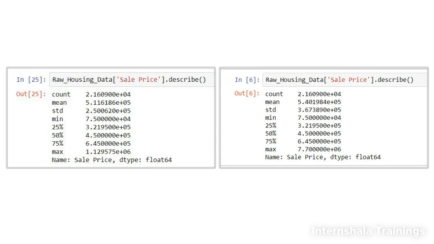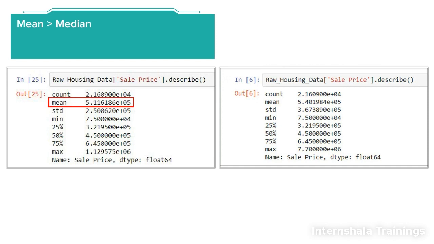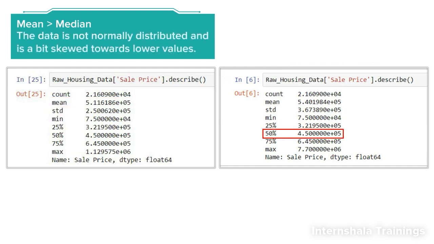Hence we can say that we have treated the outliers for this variable. You would also notice that the mean is now reduced, which is expected once you treat outliers. The mean value is still a bit higher than the median value, which means the data is not normally distributed and is a bit skewed towards lower values.